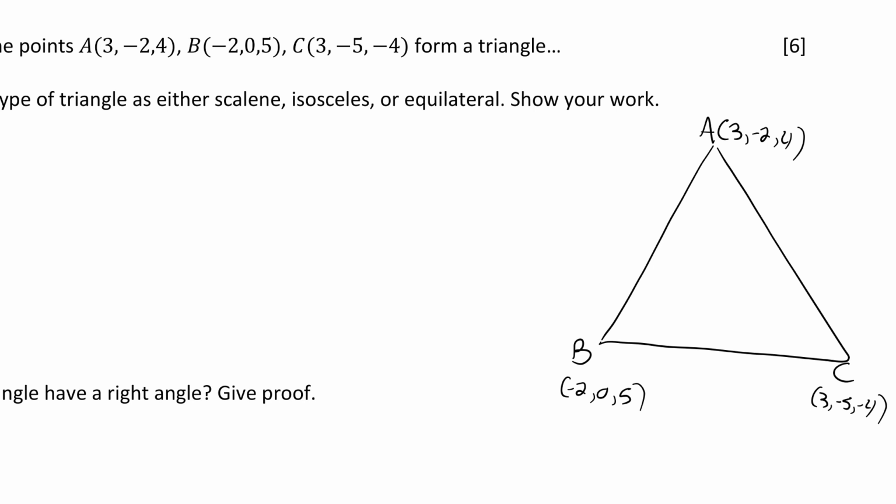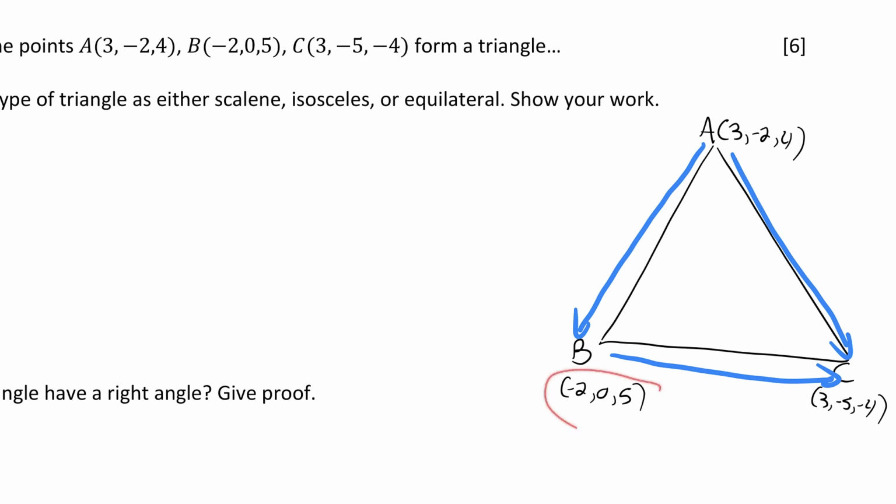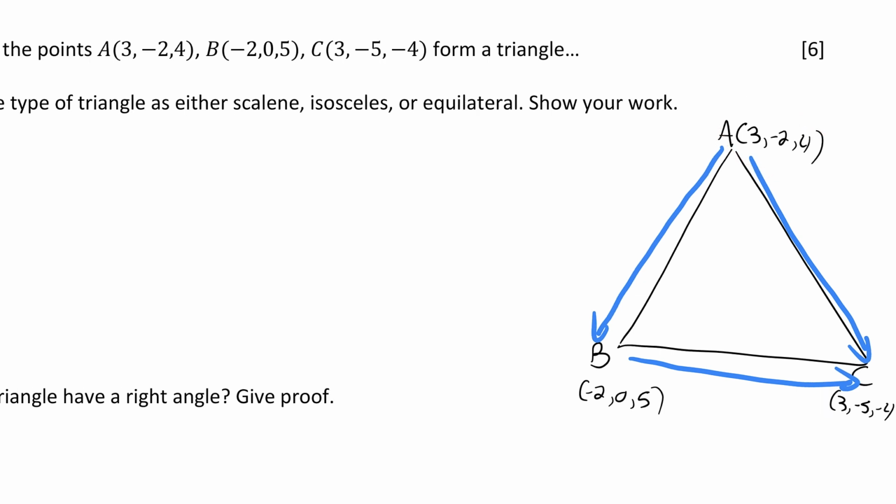Let's find vector AB, AC, and BC. And when I'm finding any of those vectors, I do the coordinates of the tip minus the coordinates of the tail. So for AB, I do the coordinates from point B minus the coordinates from point A. So let me find that first.